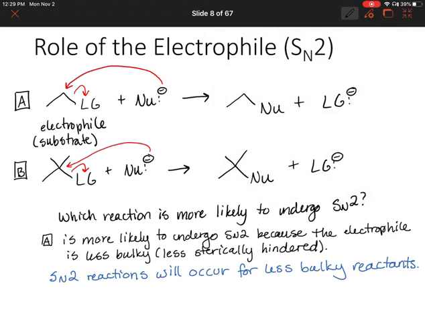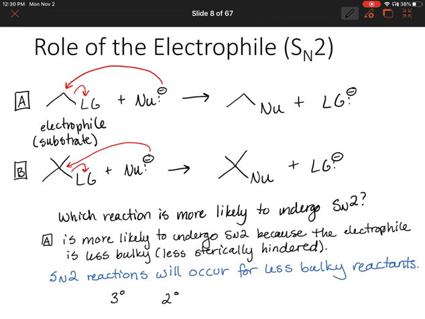So a general rule of thumb is if you have a tertiary carbon, like in reaction B, that is going to be the most bulky type of reactant, so it's the least likely to undergo SN2. So I'm not going to draw greater than or less than signs here.